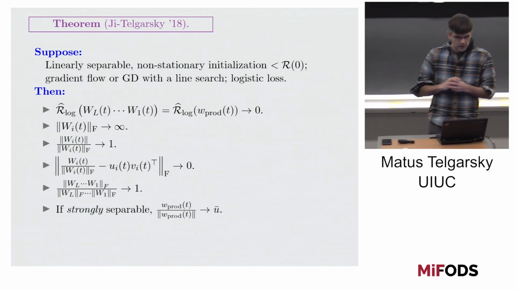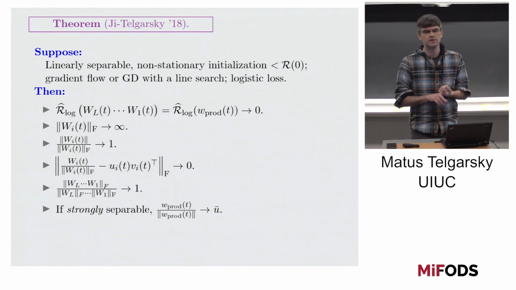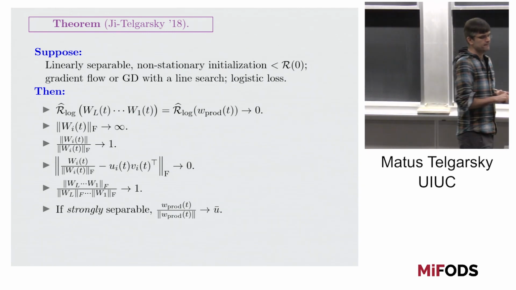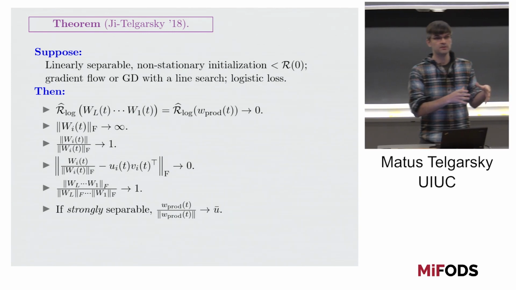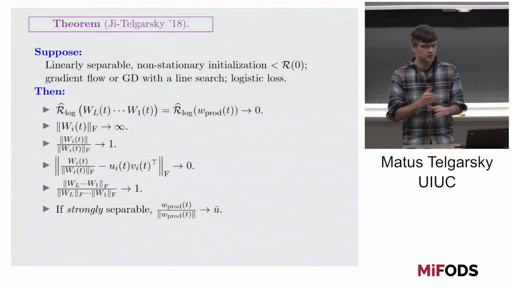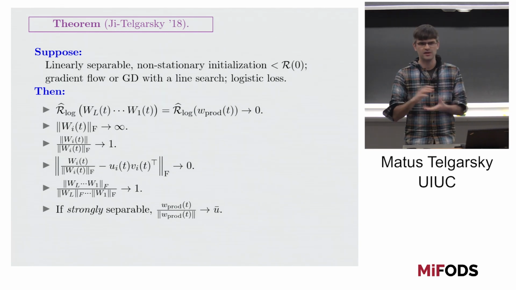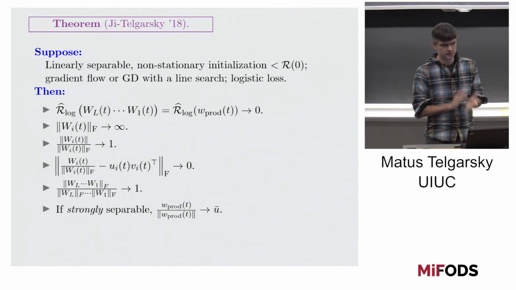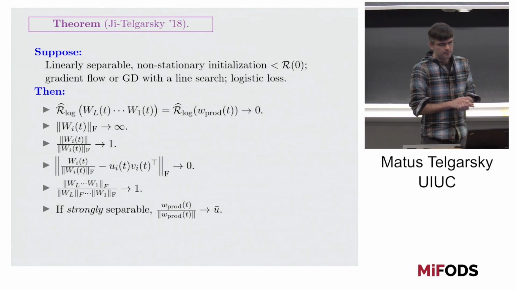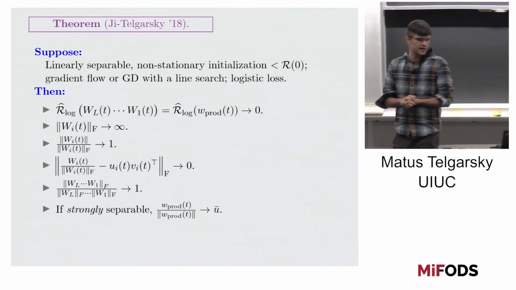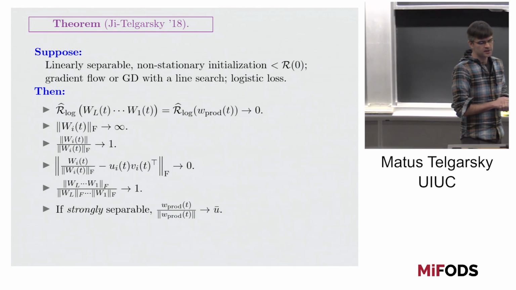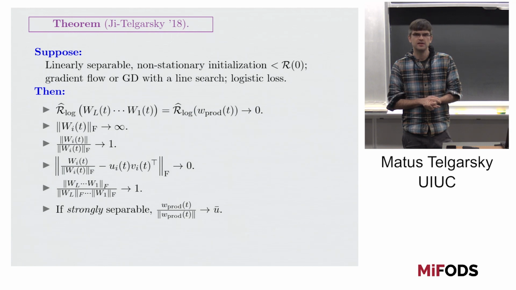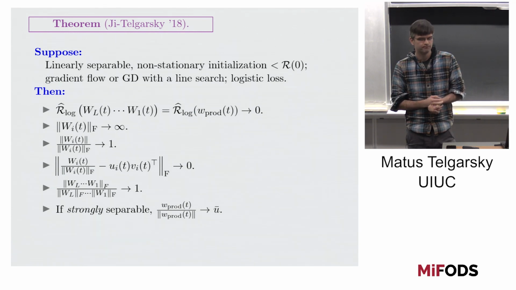So assume the data is linearly separable. It's very important that I'm assuming linearly separable data. When I did the convex part of the problem, I showed you this painfully refined version of the problem where the data was not separable, or it could be separable. There were all the possible cases. This time, I'm just assuming it's linearly separable. There are a couple of different ways of stating our initialization assumption. One way to state it is that the initial risk is less than the risk of the 0 vector.